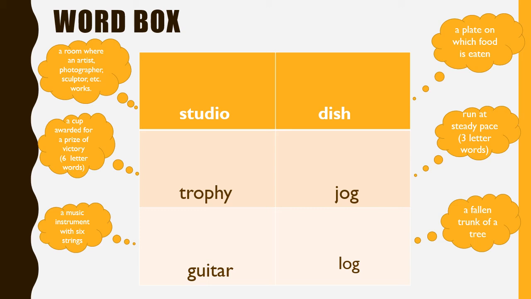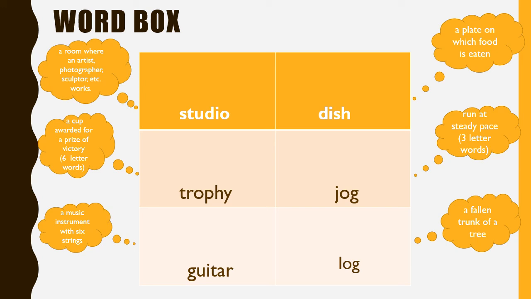Understand? Okay, next word, trophy. Trophy means a cup awarded for a prize of victory. Can you make a sentence using the word trophy? Here's mine. Tom was taking a picture with the trophy. Got it?